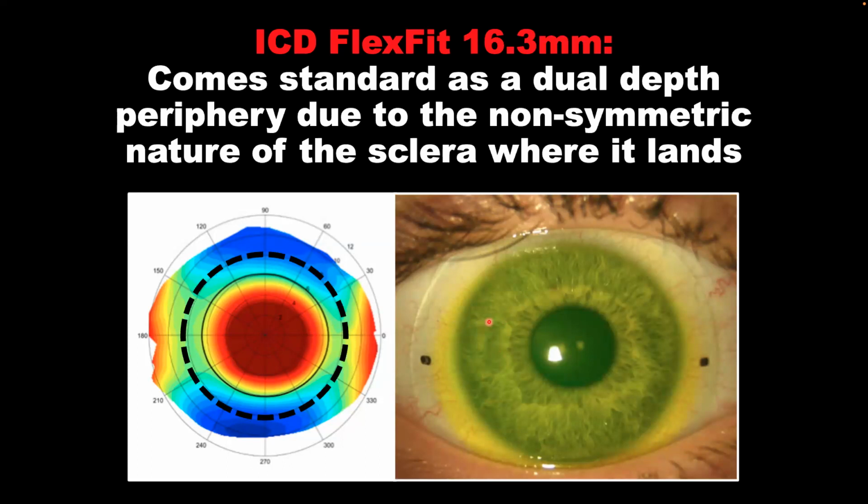Just remember that corneal cylinder and the sclera toricity are very independent, one from another, and they are very different axes. Having, let's say, with the rule corneal astigmatism, doesn't mean that the lens will settle at 3 and 9, because the sclera toricity is different and it may settle differently from where you're seeing the corneal astigmatism.